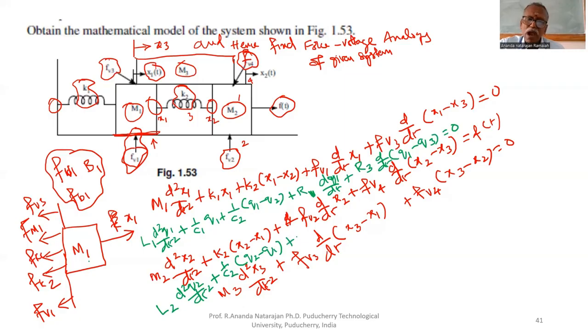FV2 is R2, R2 dQ2 by dt plus FV4. FV4 is R4 d upon dt of Q2 minus Q3 equal to V of t, applied voltage.